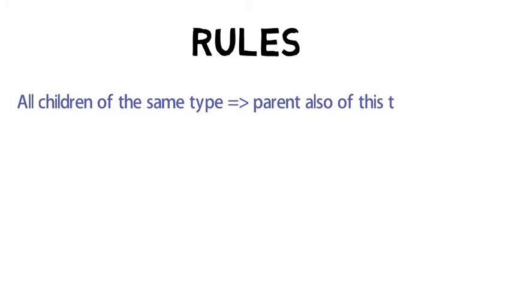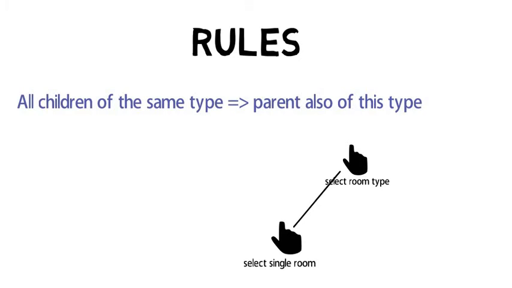Now we will start with the rules which should be followed when we use CTT. The first rule is, if the children have the same type, the parent also should have the type of the children. In this example we can see the children have the same type of interaction task, so the parent also has the same type.